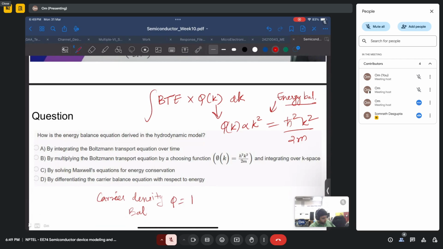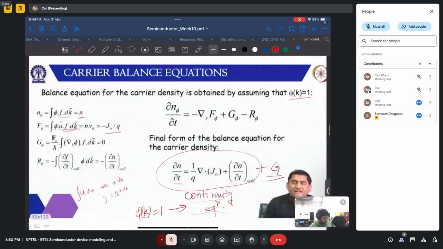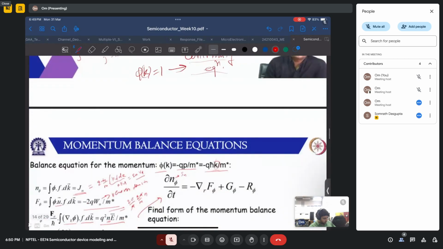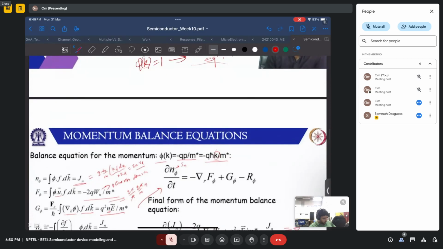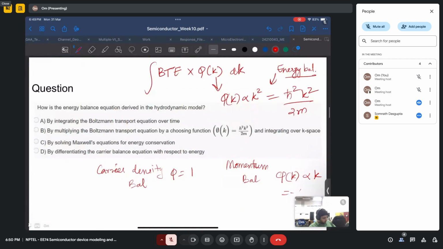For momentum balance, we chose phi k proportional to k, which was minus qhk by m.